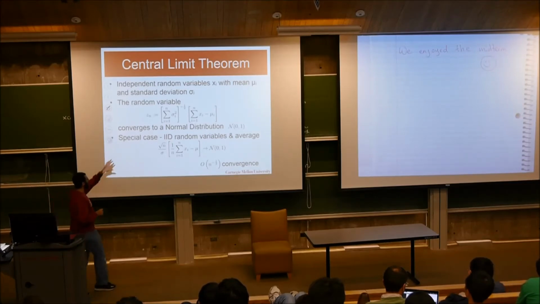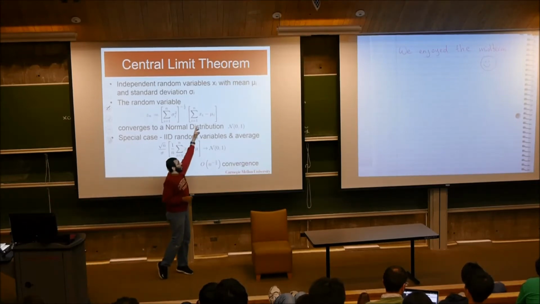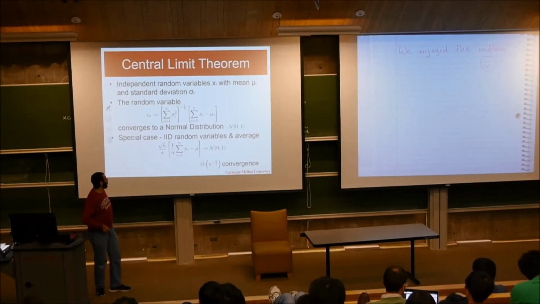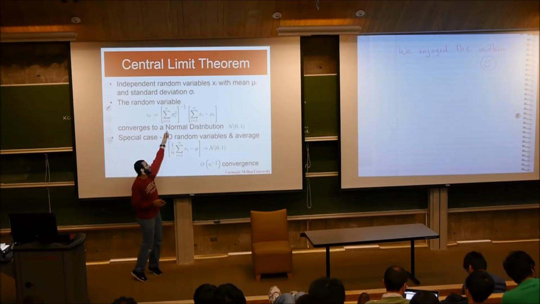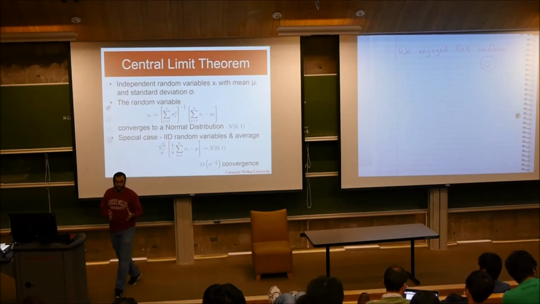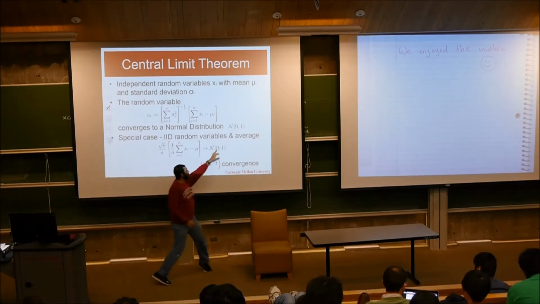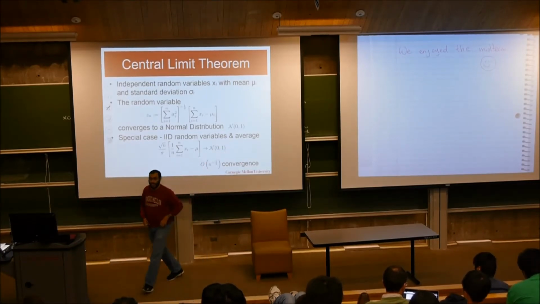So this is the general formula. It basically says if you center your random variables by subtracting the mean and divide by the square root of the sum of variances, then you get a Gaussian random variable.